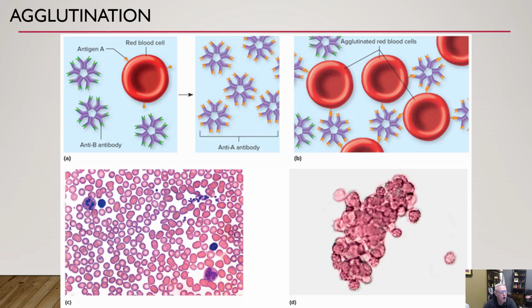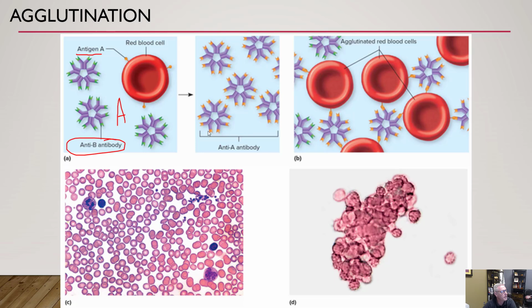All right, and this is just showing you what happens with agglutination. So here it looks like type A blood, because we have the A antigen with the anti-B antibody.